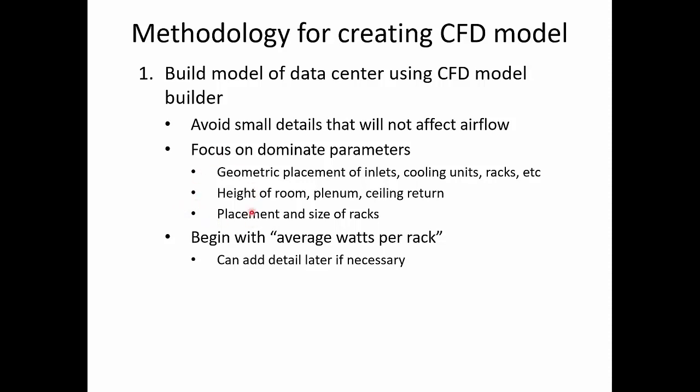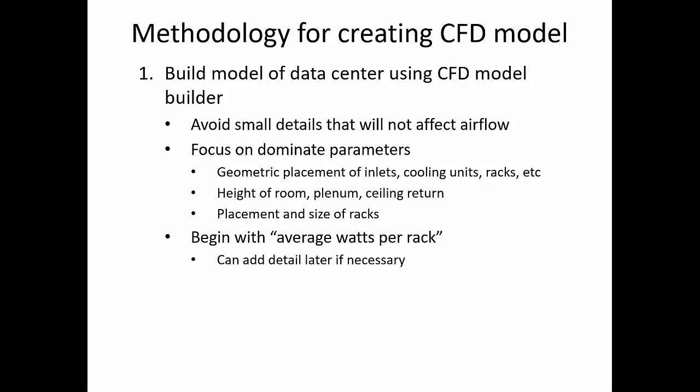This is the set of important things. I find users get wrapped around the axle a little bit on this work in CoolSim because they over detail the model in case it might matter. That's kind of the argument: I'm going to do it just in case, but often it doesn't. The way to find that out is to first model it without it, and then if you want to know if the detail is affecting the design, put the detail in and model it again and see if the parameters change.